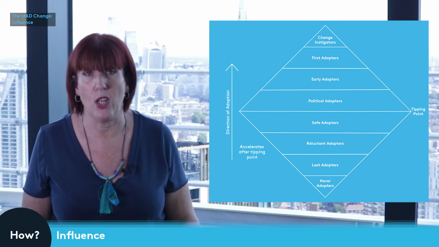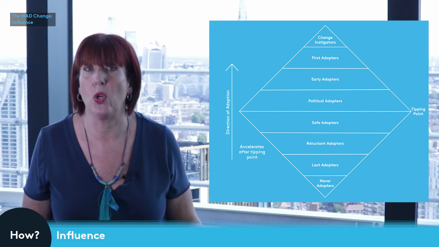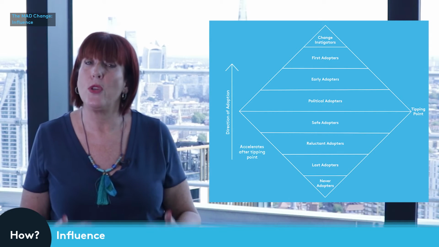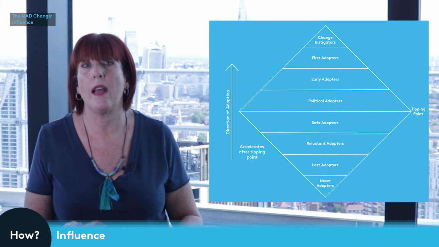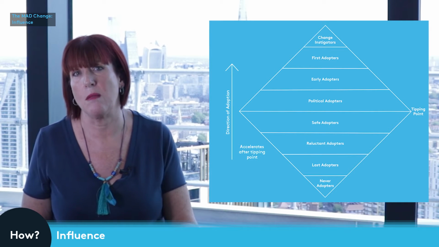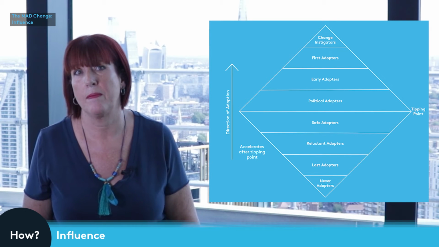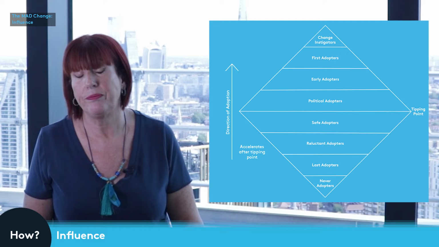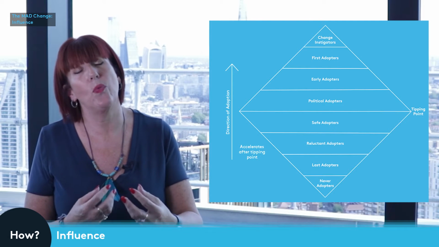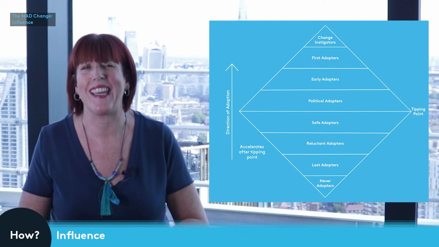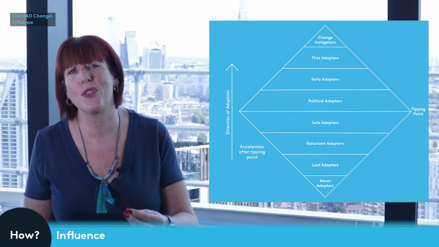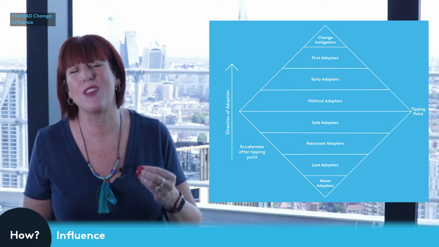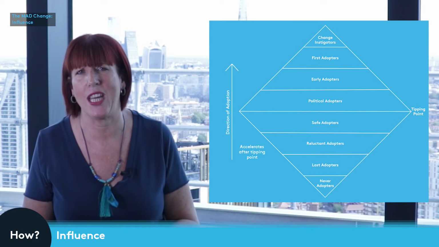So we've developed the change adoption model for you to understand the levels of adoption and the motivation of our teams through that. Now, often what we do is we will work with our change instigators or our first adopters. You know, the positive ones, the ones that are going for it, the ones that want the change.